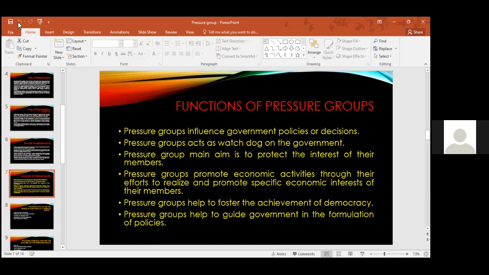So these are pressure groups that they call to discuss together to form these policies. They cannot just drop a policy without consulting these people. So pressure group helps to guide government because these pressure groups are the ones feeling the pain. So they will be able to tell the government what the pain is, so they will be able to make policies that are without pain. So those are the functions of pressure groups.